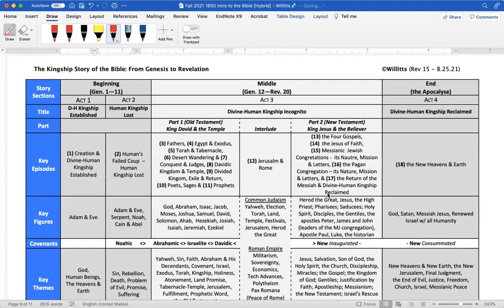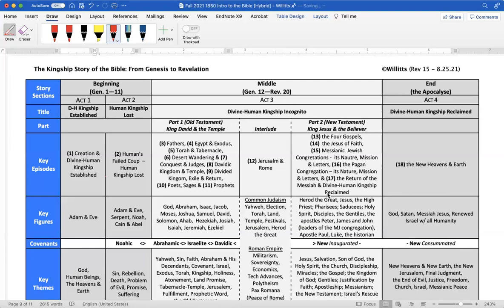The Bible's story is about kingship over the earth and the way God created the earth, and he created a relationship with a human he created to be a loyal partner in managing and tending and administrating the earth.